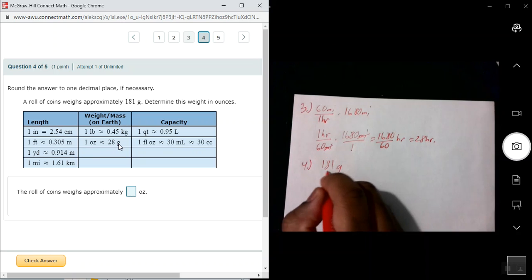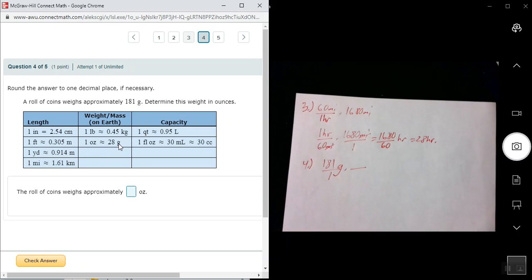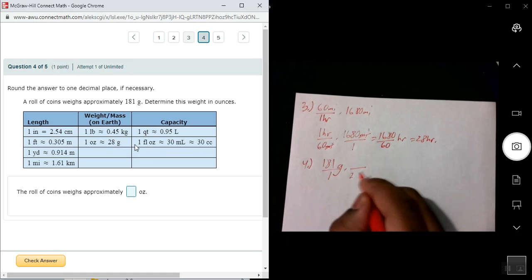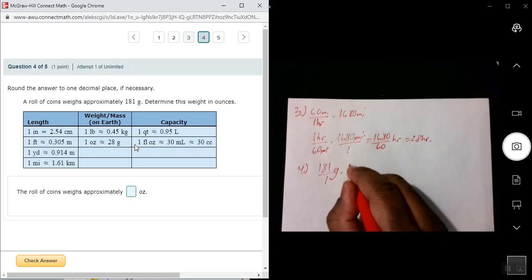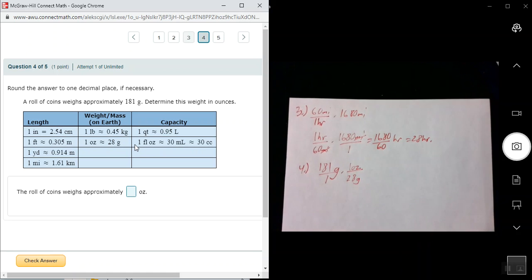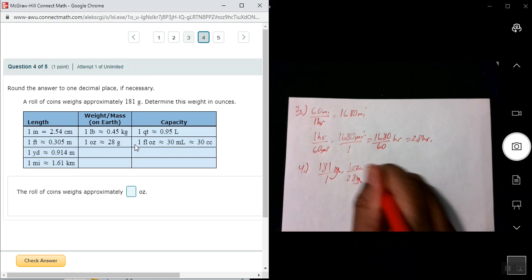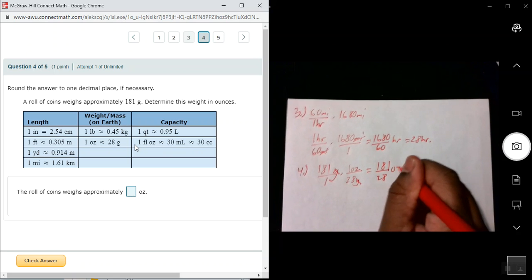So this is 181 grams over 1, multiplied by the 28 grams in our denominator, because remember those units must be diagonal to simplify out, and then we will have 1 ounce in the numerator. So the grams will simplify out, and you have 181 over 28, and that's ounces.